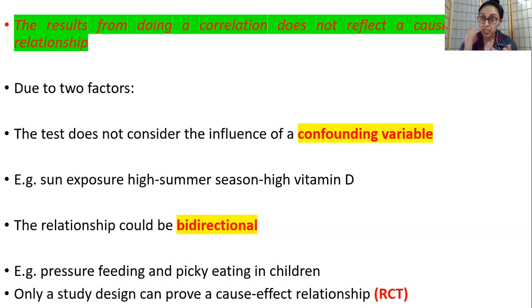So in one of my studies, it was seen that the women who were wearing a burqa had lower vitamin D levels than the other women who were not. Not that we want to tell them to not wear a burqa. There are many other culturally appropriate and respectable ways of supporting their vitamin D levels.